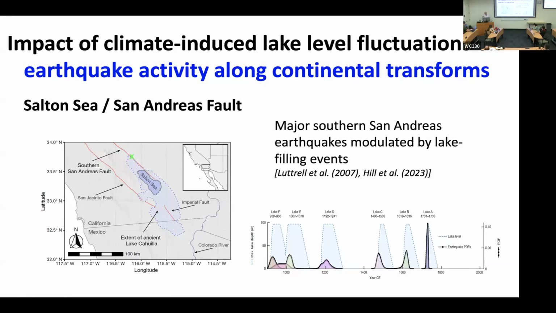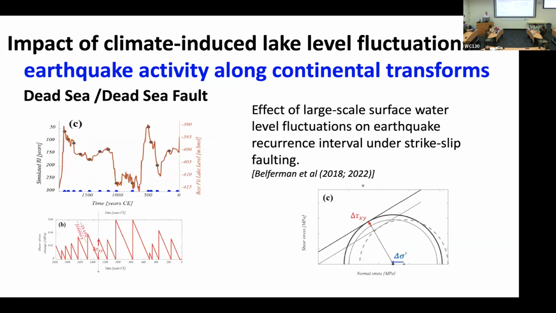So now we are in a dry period, so it's less likely to rupture now. Okay. Another study looked at the Dead Sea, and they calculated how earthquakes occur with the fluctuation of the lake level due to this change in the pore pressure.